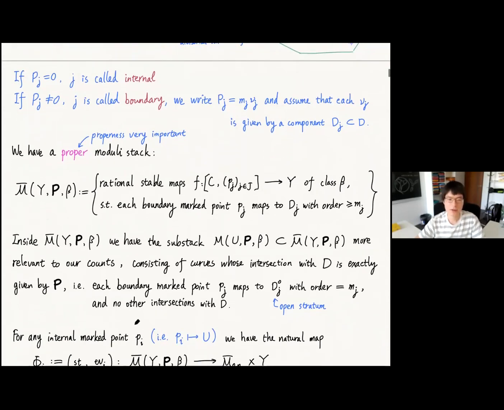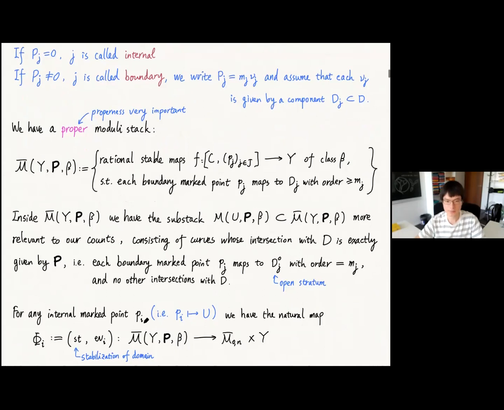For any internal marked point Pi, meaning that Pi maps to the interior U, we have the natural map phi I from the proper moduli stack M bar to the space of domain curves times Y. Here it's the moduli space of stable n-pointed rational curves.